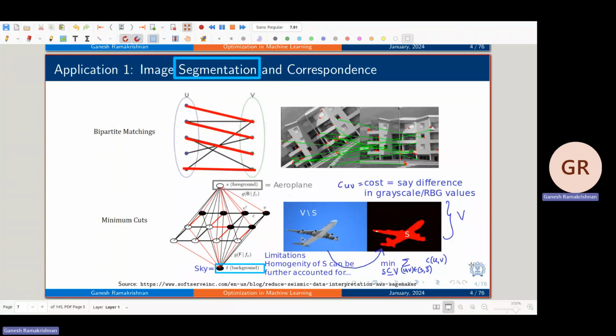So the other point is you can also consider, so CUV, to address this, could also factor in neighborhood RGB grayscales.